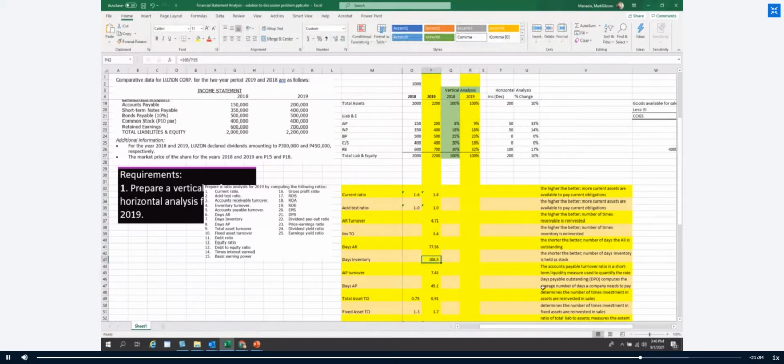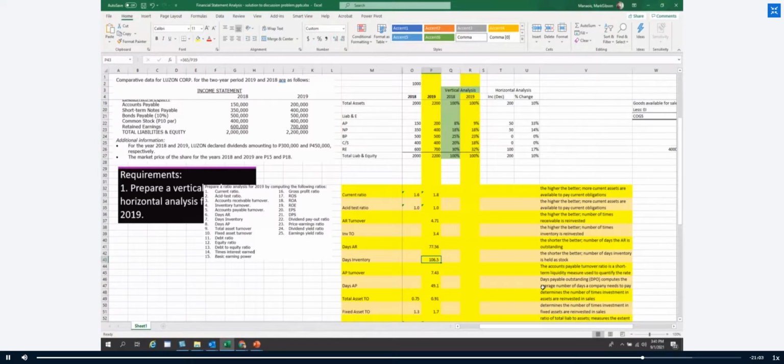So again, you don't want to hold your inventory long, especially if it's longer than your competitors. No, meaning there's a problem in the sales of your inventory. So it could also be a problem in inventory management, where you're holding a number of inventories compared with the number being sold.